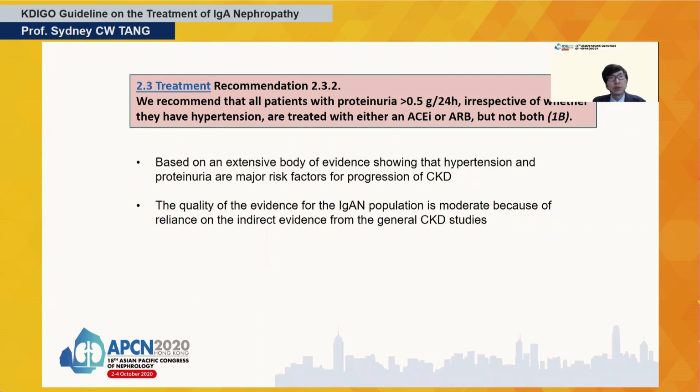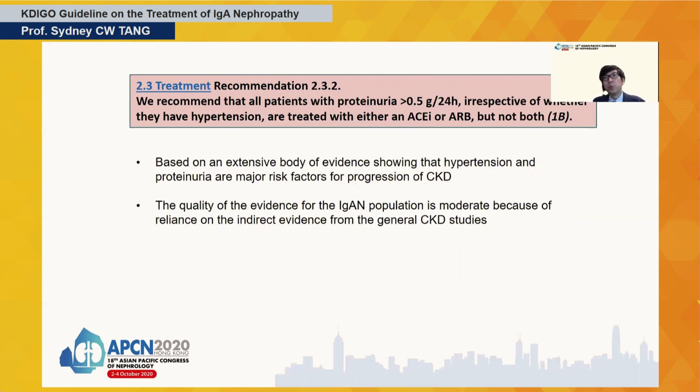Now, this recommendation was based on an extensive body of evidence showing that hypertension and proteinuria are major risk factors for CKD progression. The quality of evidence for the IgAN population is moderate because of reliance on the indirect evidence from the general CKD study.